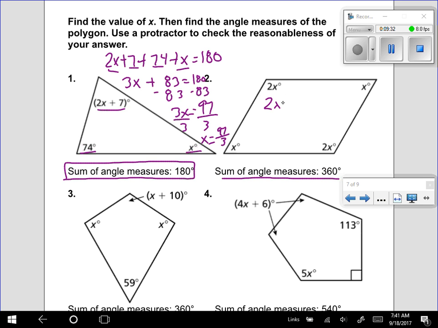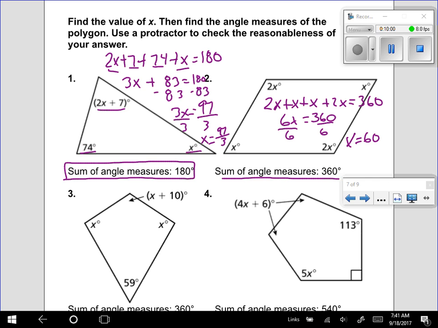So I have 2x plus x plus x plus 2x equals 360. Combine any like terms I have. They're all x's here. So 2x plus 1x plus 1x plus 2x gives us 6x equals 360. Divide by 6. 360 divided by 6 is 60.